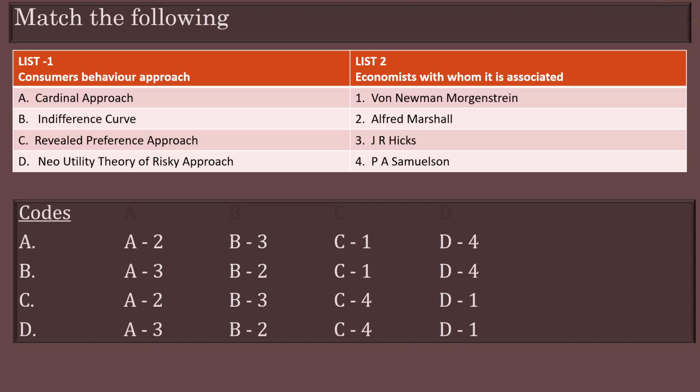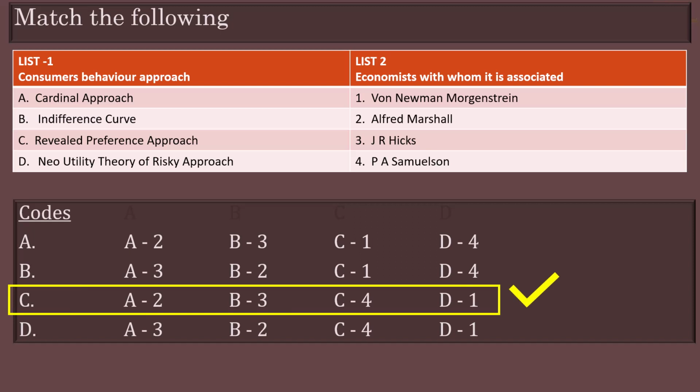P. A. Samuelson. C with 4. Yes, it is there in option C. New utility theory of risky approach matched with von Neumann Morgenstern. D1. Yes, it is there in option C. Option C is the correct answer.